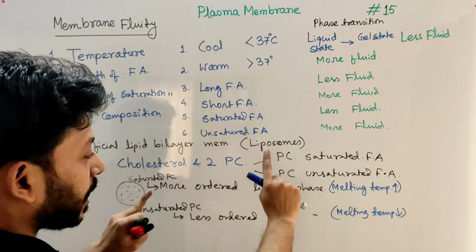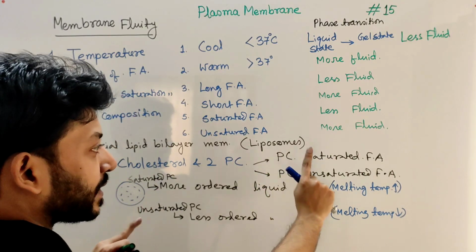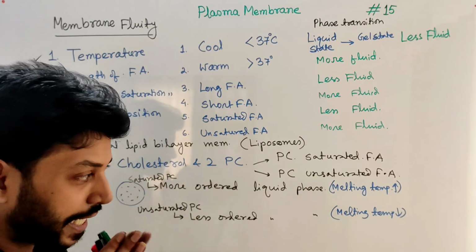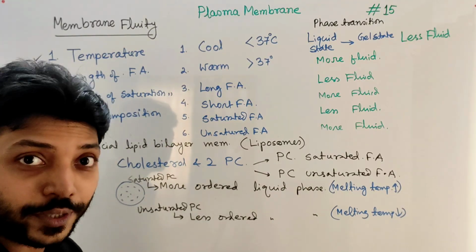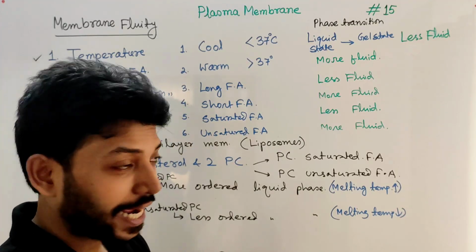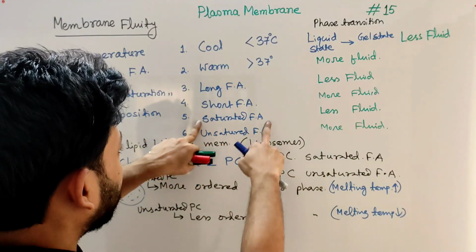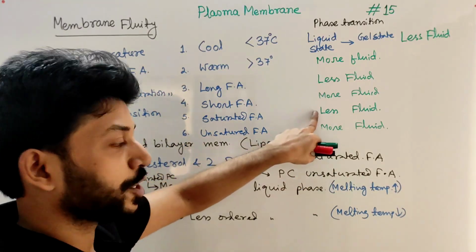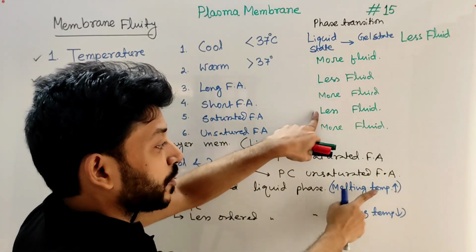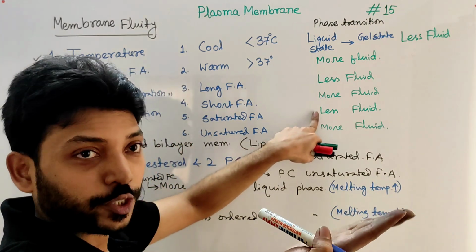If there is phosphatidylcholine with saturated fatty acids, that will make stable van der Waals interactions, and they will aggregate with each other tightly. And we have mentioned that saturated fatty acids make it less fluid. To melt it, it will require more temperature, more heat.